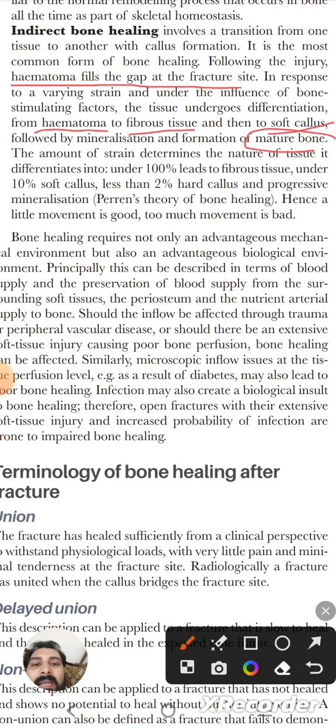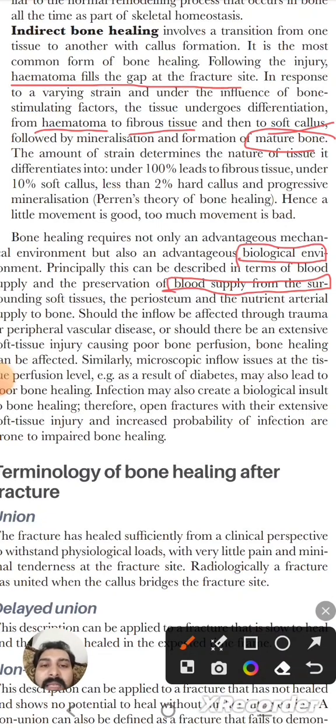Blood supply is a very important factor for a fracture to heal. If there is lack of blood supply or some interruption in the blood supply, the fracture may not heal. So there are 3 factors which affect fracture healing. First is biological factors, the biological environment like infection or the blood supply to the fracture ends.